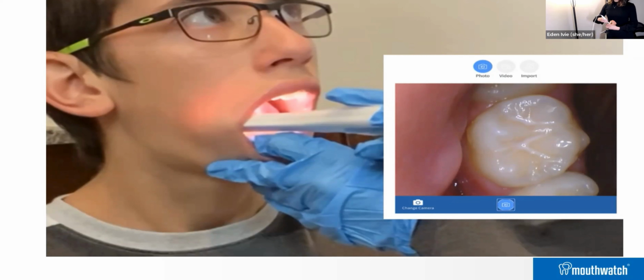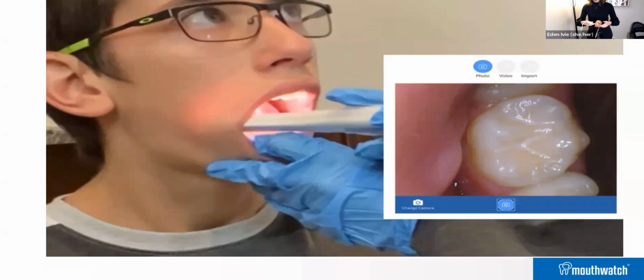If I'm resting on the lower arch, trying to take images of the occlusals of the maxillary molars, and my patient can't open, I can't get far enough away from that tooth to get a good image, I'm just going to drop this camera down into the buccal vestibule, and I can point it up and I will get an image that looks like this one right here.